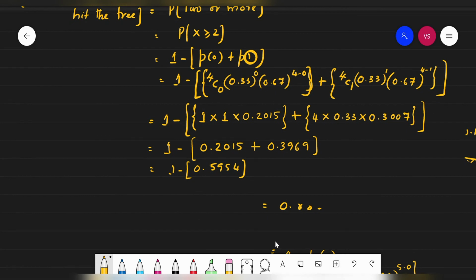And last, 1 minus 0.5954 is equal to 0.4046. So this is the answer that we get for this problem, which is all about the arrows, students. 0.4046. I hope you have understood.